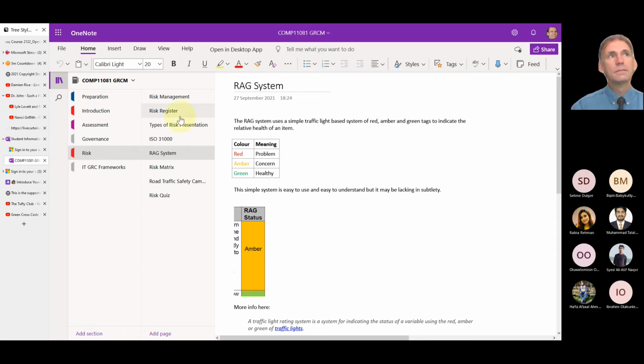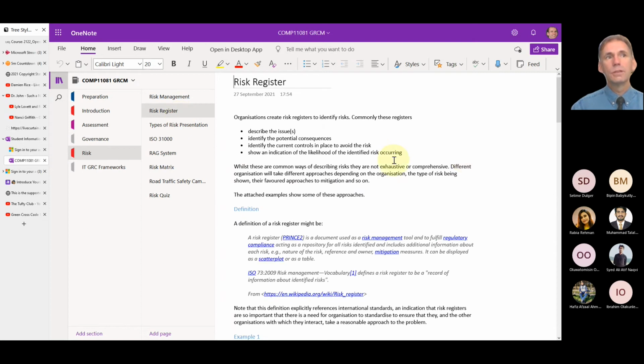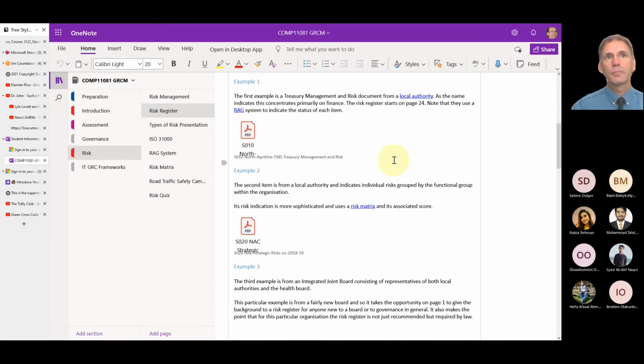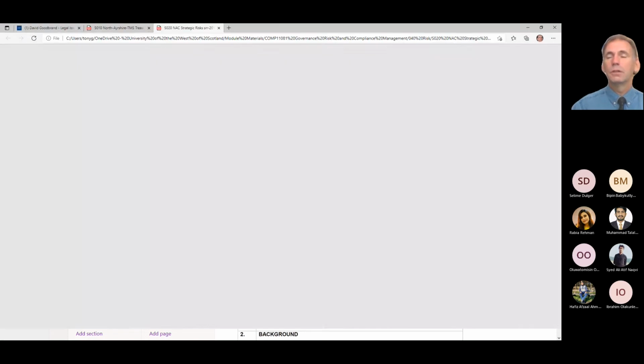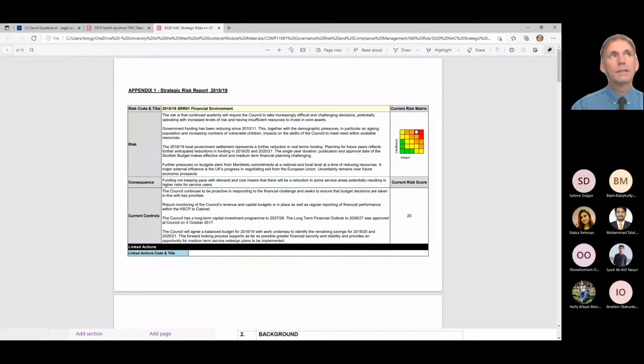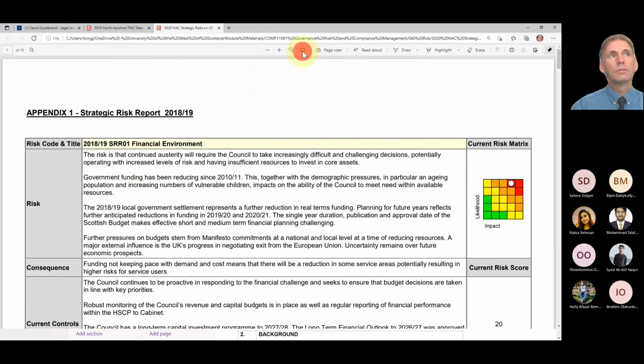The next risk register that you've got an example of uses a slightly different format. The first one was only about finance. This one is grouped by function.